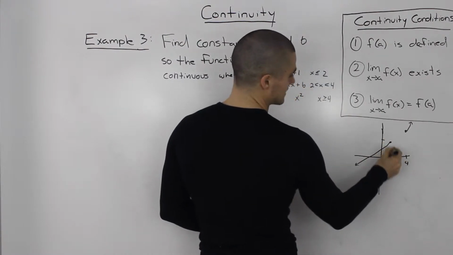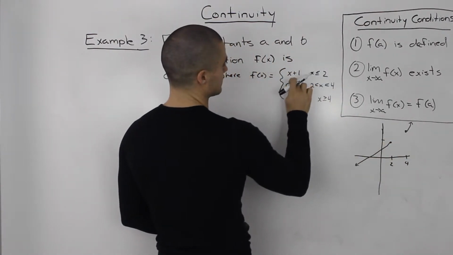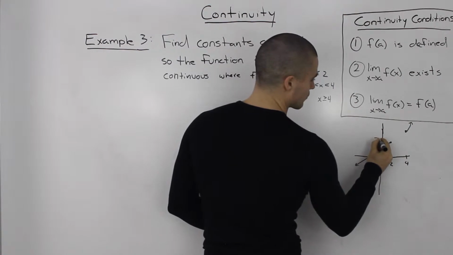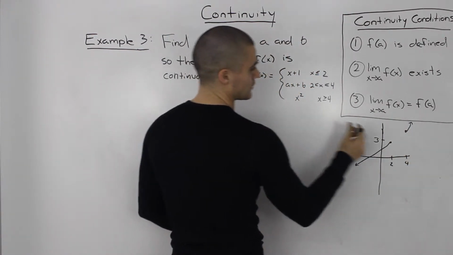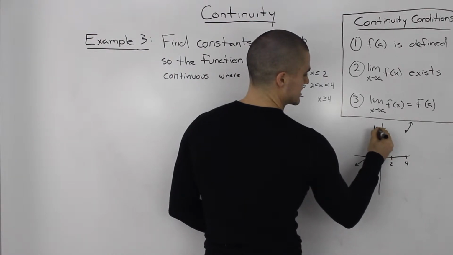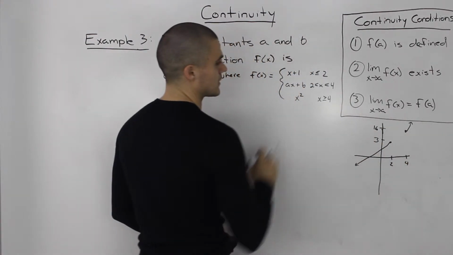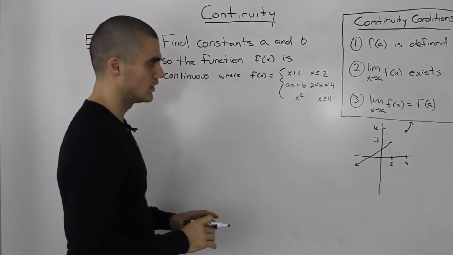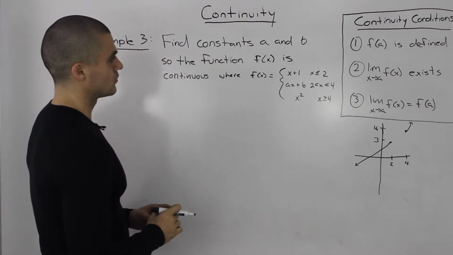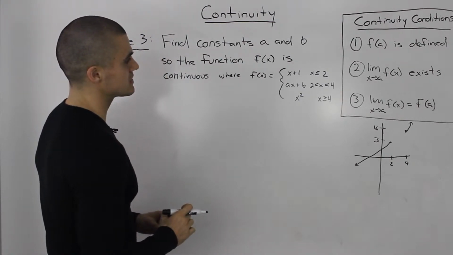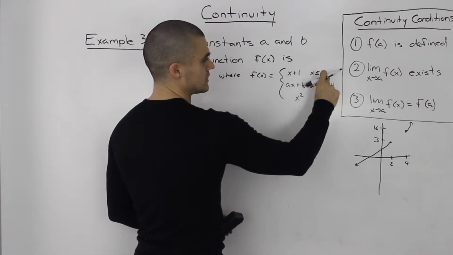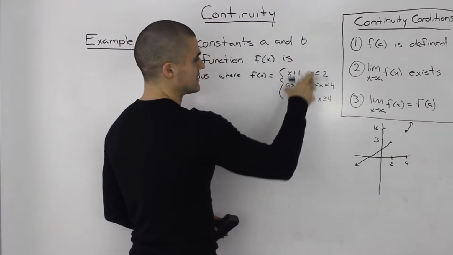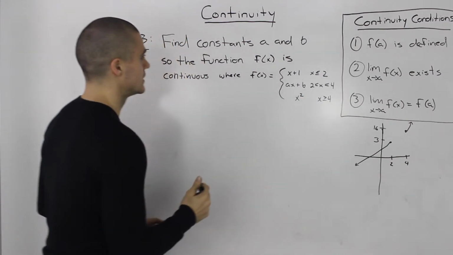Alright, so at an x value of 2, this x plus 1 takes a y value of 3. And at an x value of 4, the y value of this piece right here is 16. So, to make it continuous, the y values at each of these edges of the pieces have to be the same.